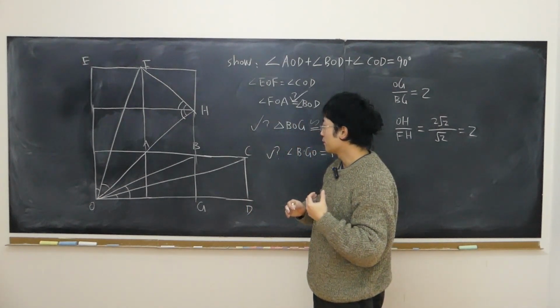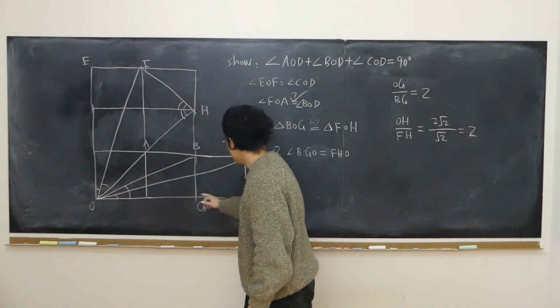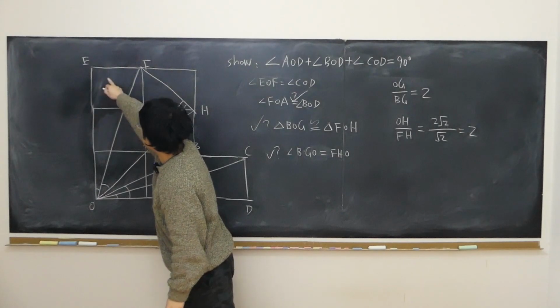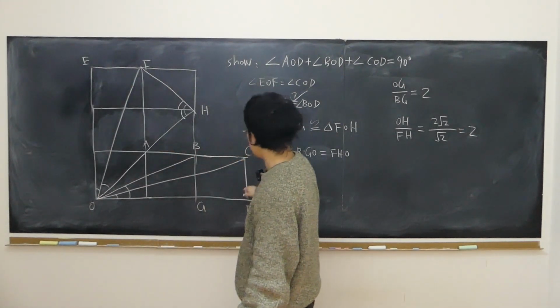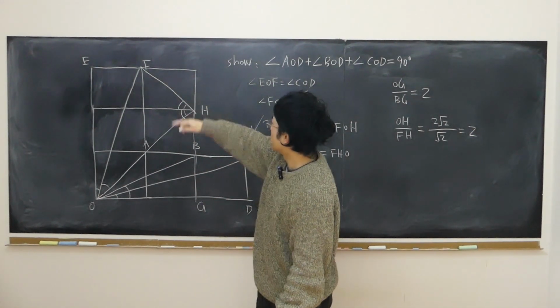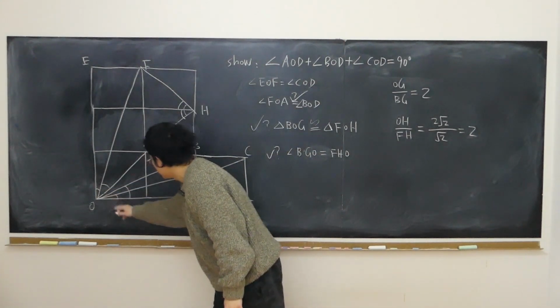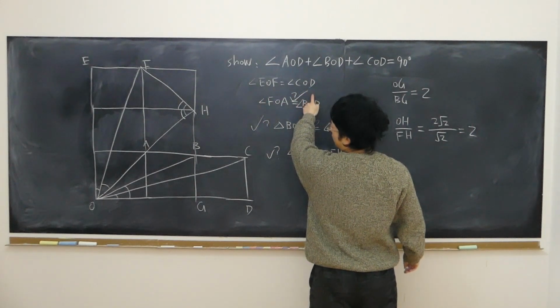Because this side is 1 unit, this side is 3 units, this right side is 1 unit, and this is 90 degrees. This is 90 degrees, right? So triangle COD, triangle EOF, obviously equal triangles. And then they have the same angle, so angle EOF equals angle COD.